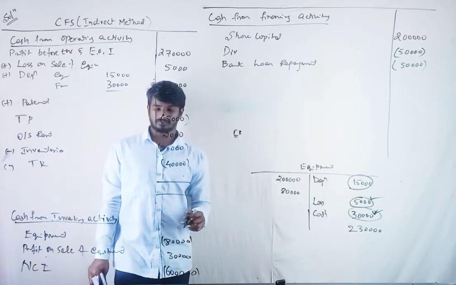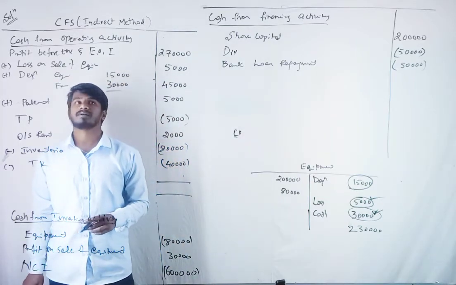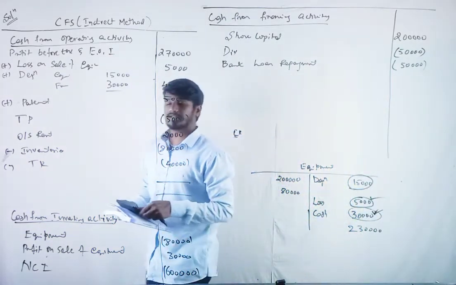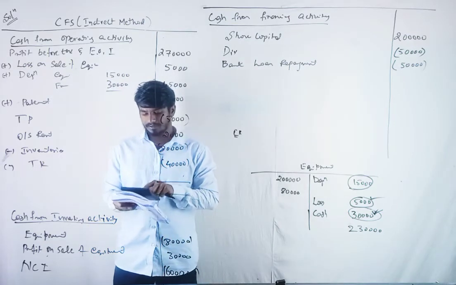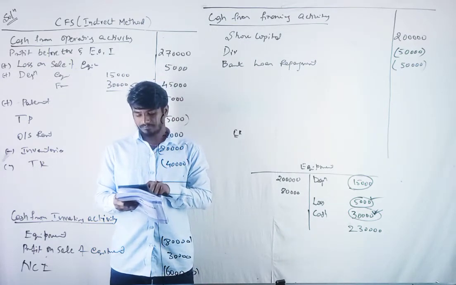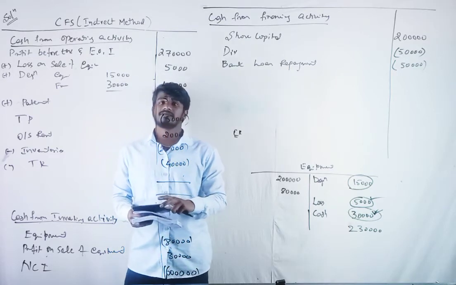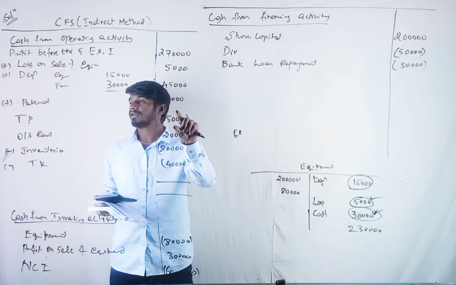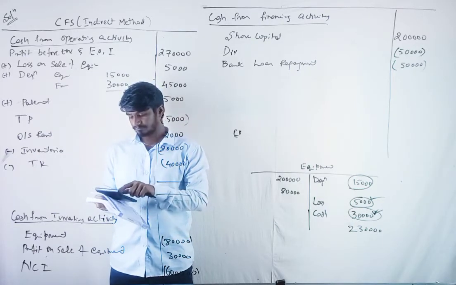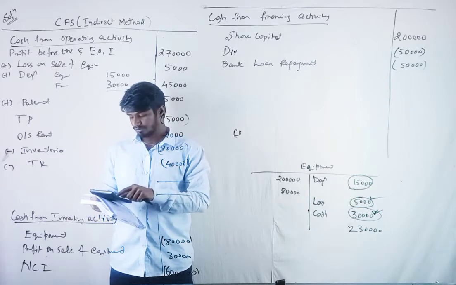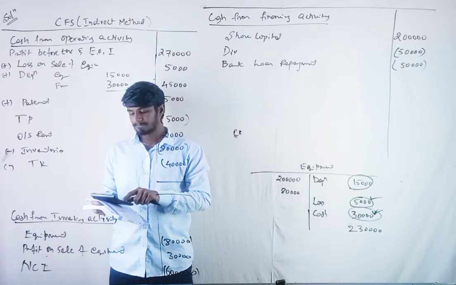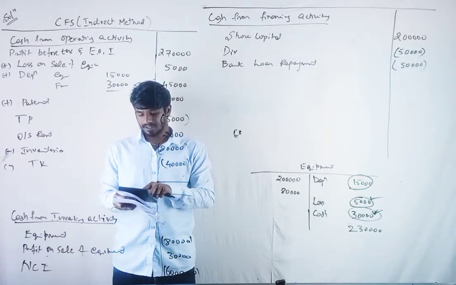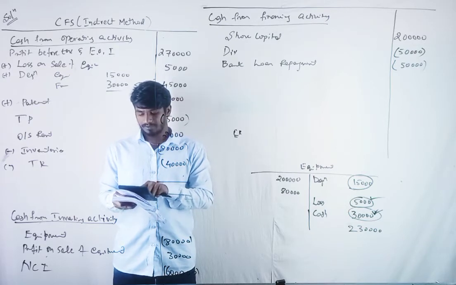Cash from operating activity. How much? Yes. 2,70,000 plus 5,000 plus 45,000. What is it? Depreciation we will add. Patent 5,000 we should add. Okay. Then trade payable, next 2,000 we should add. 2,70,000 plus 5,000 plus 45,000.